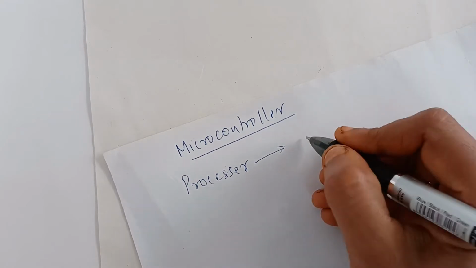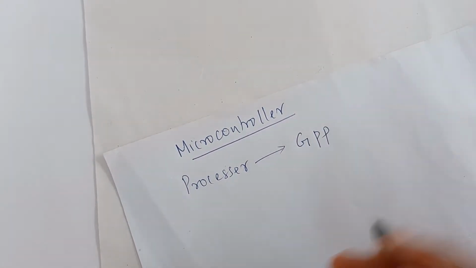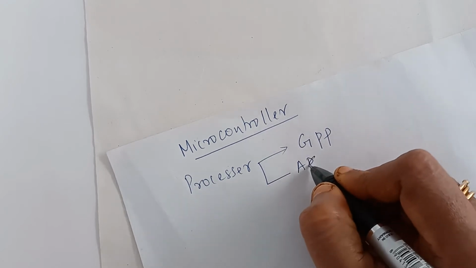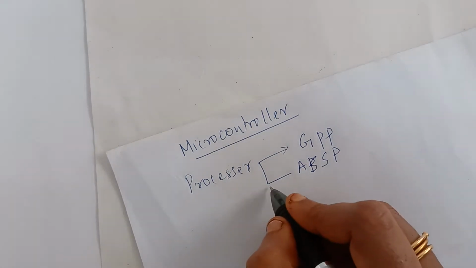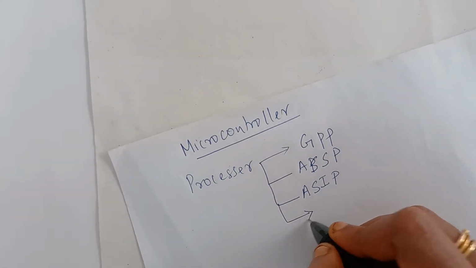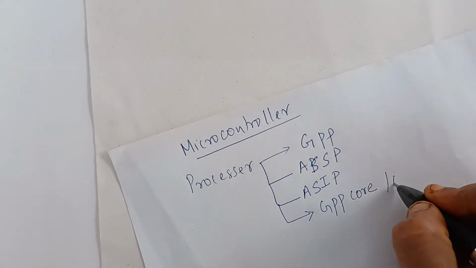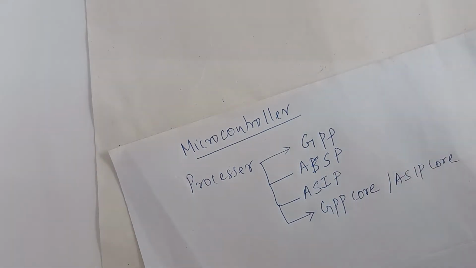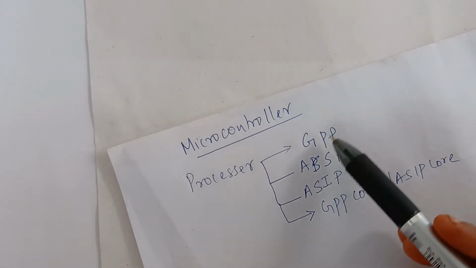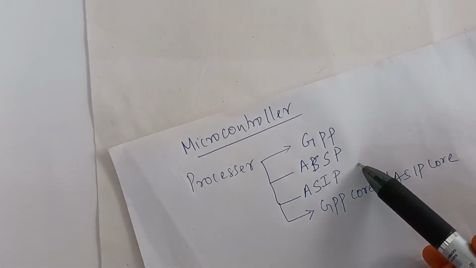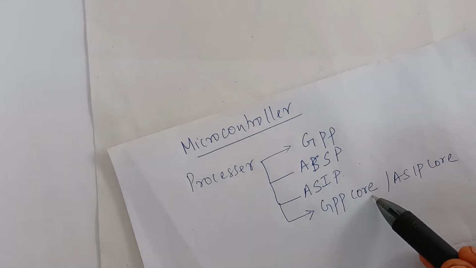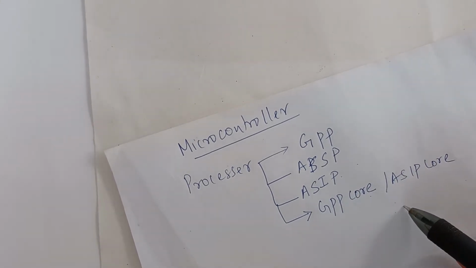One is the general purpose processor, then the application specific system processor, then the application specific instruction processor, then the general purpose processor core, or the application specific instruction processor core.